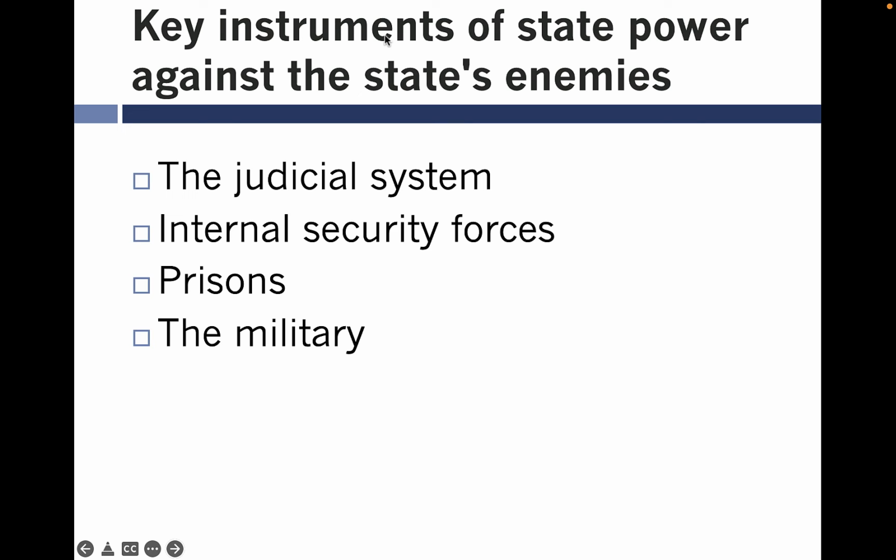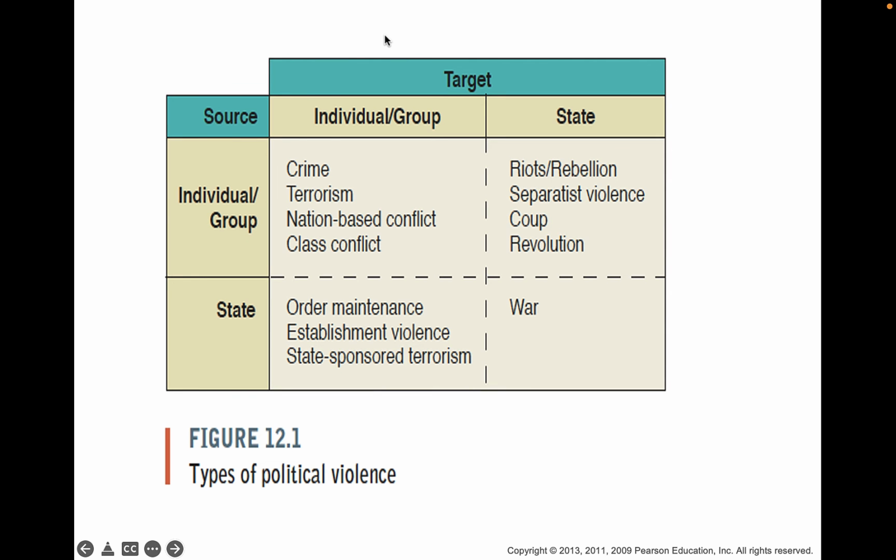So if we act outside of societal norms, we could be put into prison and have our liberty taken away. Pretty simple. The military is used to protect, and internal security forces like police, FBI or customs have roles to protect us against state enemies, and also people within our state who might be enemies, where we have domestic terrorism or domestic incidents.